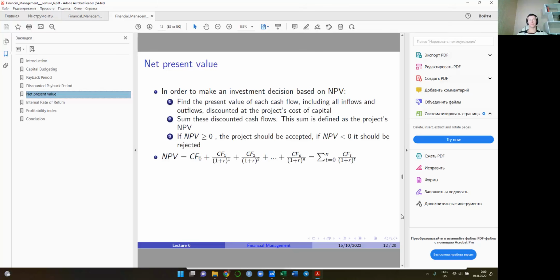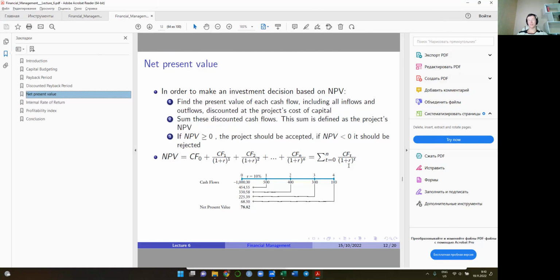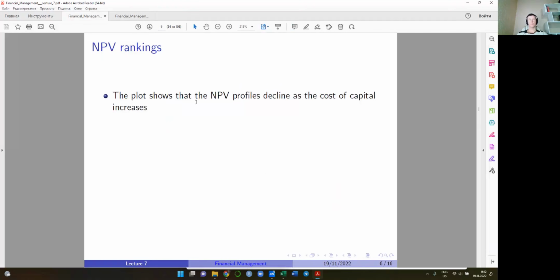If you look at the way how net present value is computed, we immediately see that net present value and interest rate or cost of capital here are connected in a negative way, has negative correlation, let's say. When R increases, the whole denominator rises and the fraction goes down. So the whole sum goes down as well. Therefore, with the increase of cost of capital, NPV profile declines.